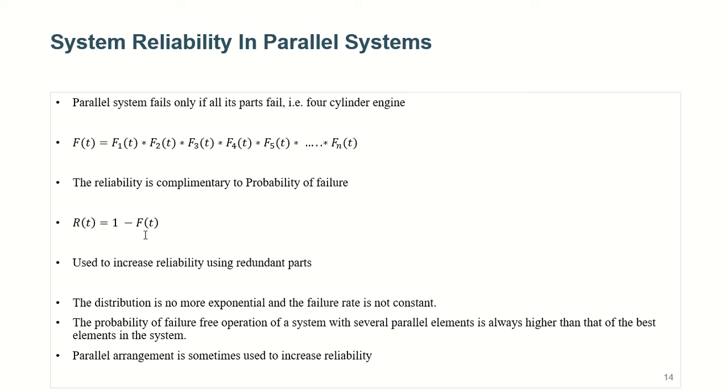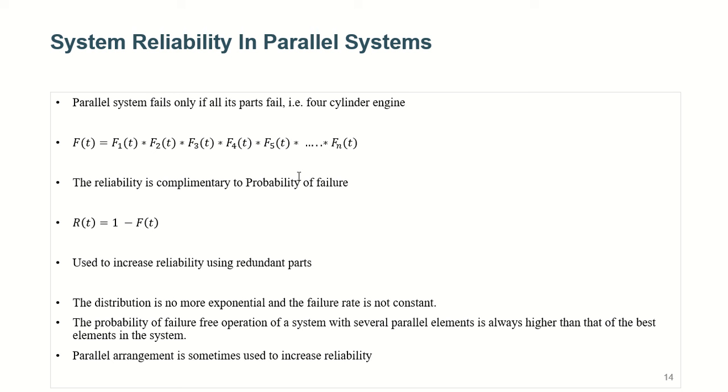So the resultant probability of failure will be 0.1 into 0.1, which is 0.01. So what happened here? The resultant probability of failure is even lesser than the failure rate of both of the elements, right?